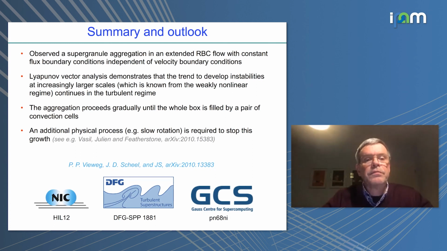This process is very gradual and slow, as we have seen. And now the question is, what brings it to a stop in a real system? And our expectation is that an additional physical process is required. For instance, slow rotation, which is actually the case in the solar system.